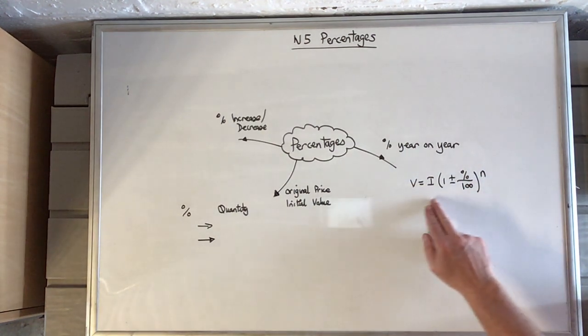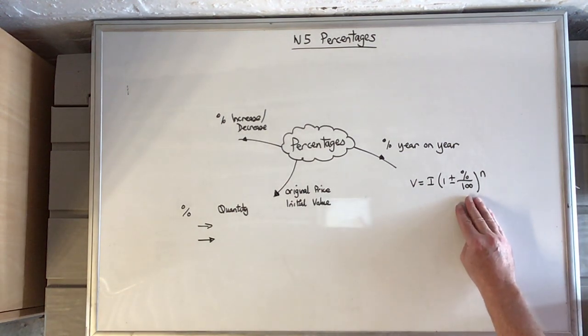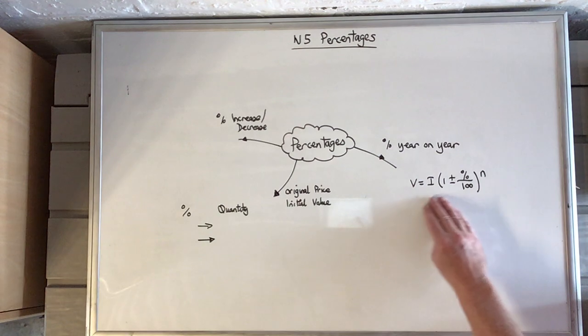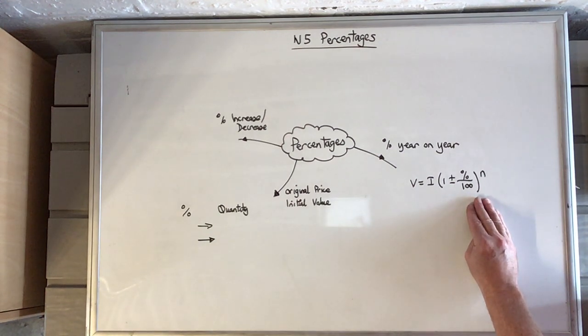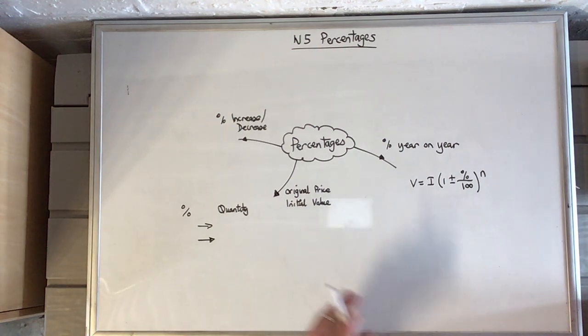I'll actually derive it for you, show you where it comes from, and then we'll do some questions on it. You'd have to remember this formula for the exam, but we'll talk more about that later. So that's the three different types you can get.